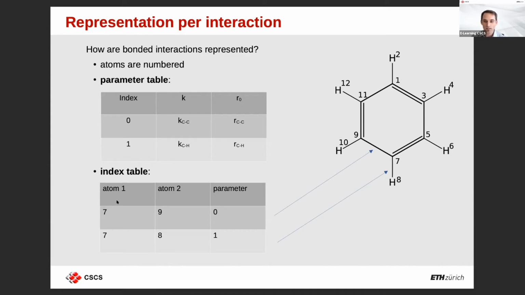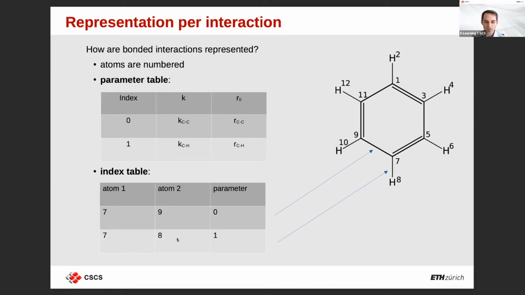The index table would contain much more than just these two entries, but as an example, the bond between atom 7 and 9 would result in an entry like this. You have an index for the two atoms, and then another index for the parameter to look up the spring constant and equilibrium distance. Similarly for the bond between atom 7 and 8.